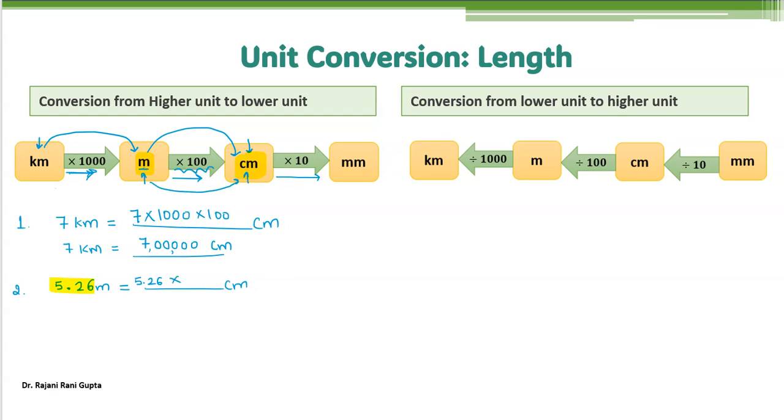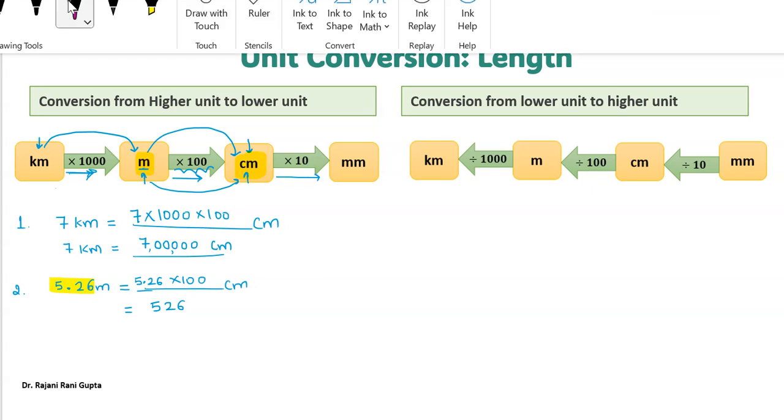multiply by 100. Now since it's a decimal number, whenever we multiply by 10 or a power of 10, like 100, 1000, 10,000, the decimal moves to the right side. So where will we put this decimal point?